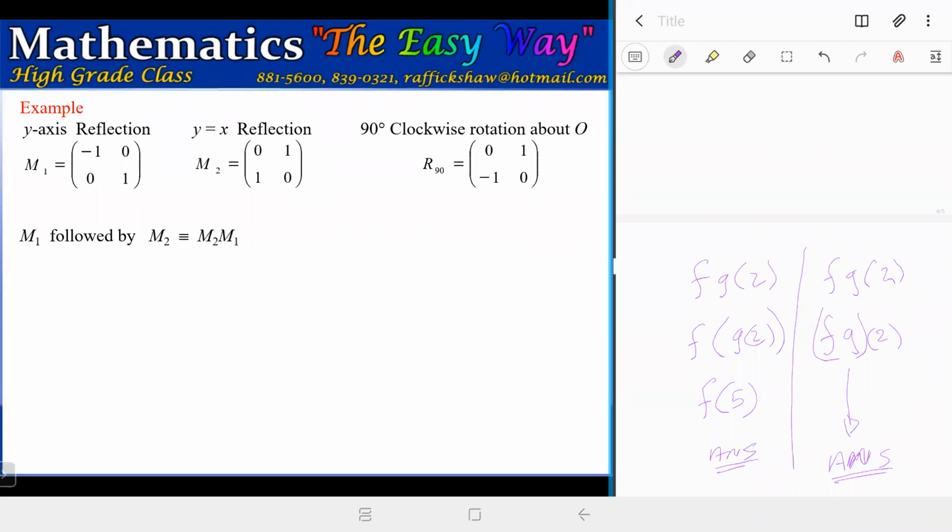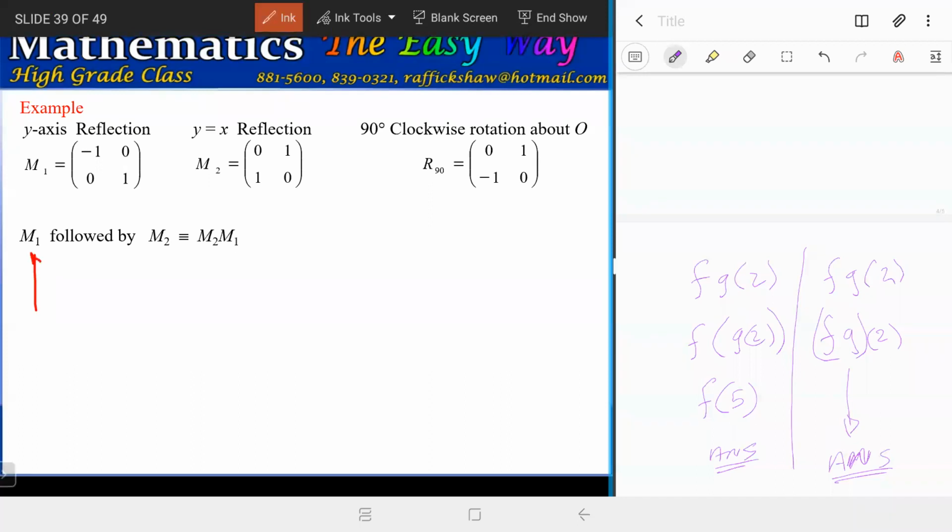A reflection over the y-axis, that's what this one is, followed by a reflection over the line y equals x, which is that one, is equivalent to M2 times M1. Second times the first one.